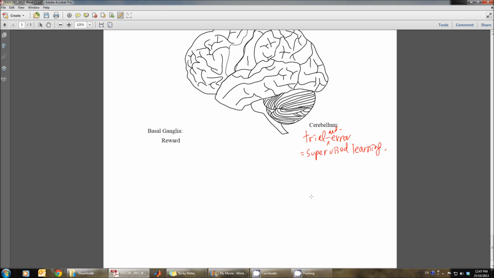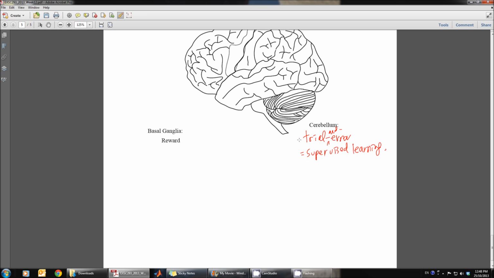By the climbing fibers detecting the error and depressing the synapse between the Purkinje cell and the mossy fiber, the parallel fibers, by long-term depression. So long-term depression allows us to suppress the error-causing movement and let the other options try it out, and it gets selected when it achieves the goal.